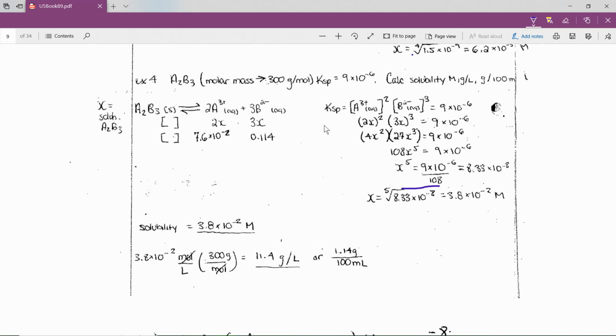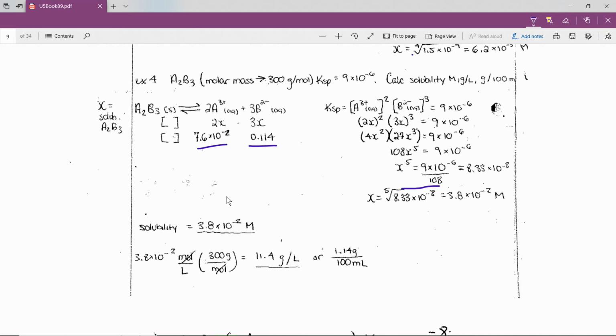And I get 3.8 by 10 to the minus 2. So that's the solubility. And then I can plug that in to get my amounts of A3 plus and B2 minus. So my A3 plus will be 2 times 3.8 by 10 to the minus 2. My B2 minus will be 3 times 3.8 by 10 to the minus 2.